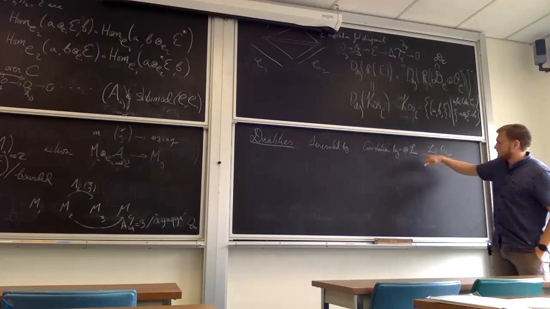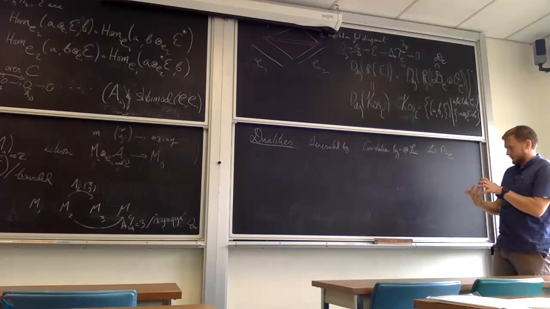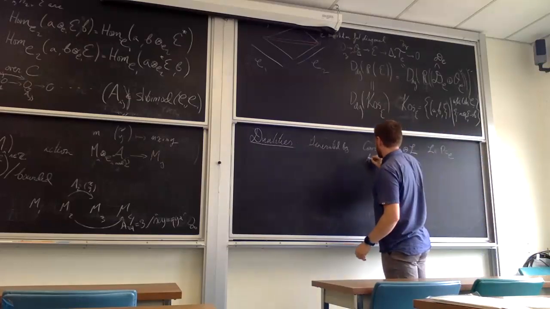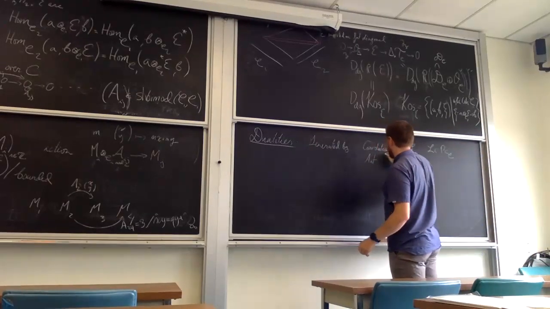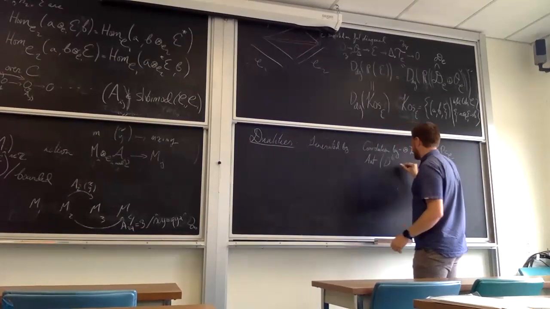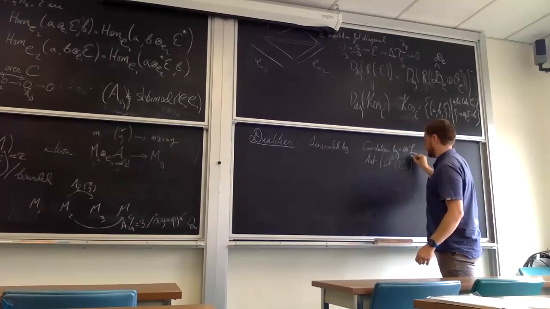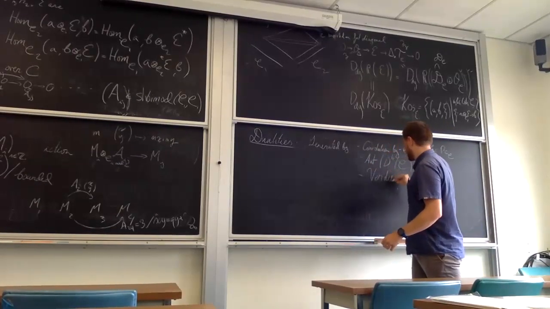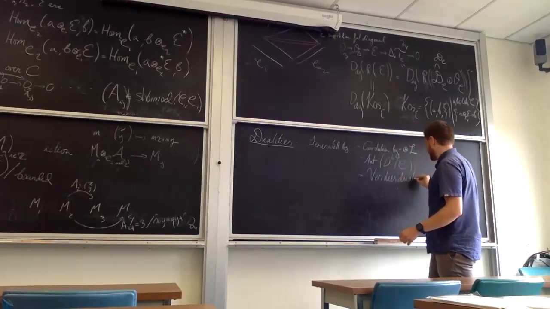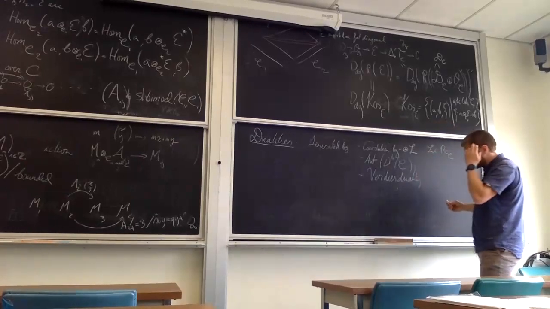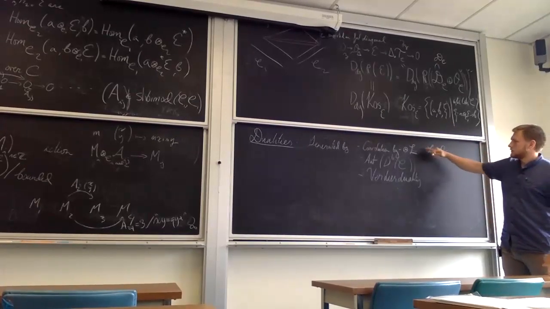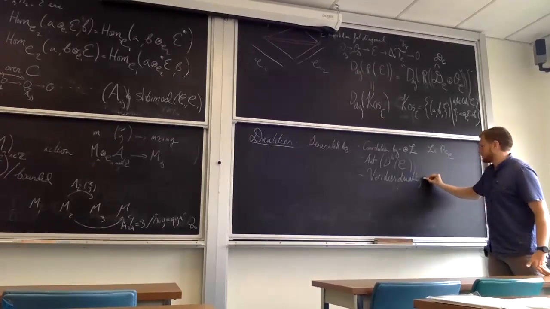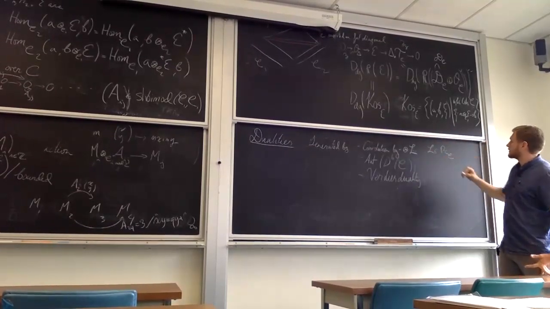Right, so we're going to take dualities which are generated by just taking tensor products with a line bundle, autoequivalences of the bounded derived category of our curve, and Verdier duality. I'm going to explain these two in a second, but Verdier duality is extremely natural in the description of Koszul duality.